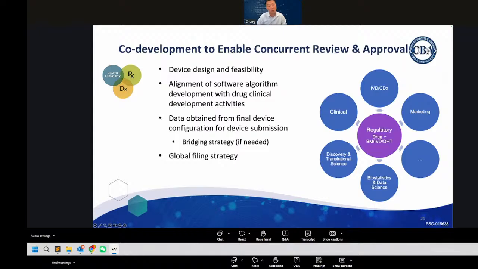And the next solution, I think, addresses the challenge facing the pharma company and also the DX company: how to work together, how to co-develop the solution. The goal is, of course, to have a concurrent review by the FDA and get the FDA's approval at the same time.